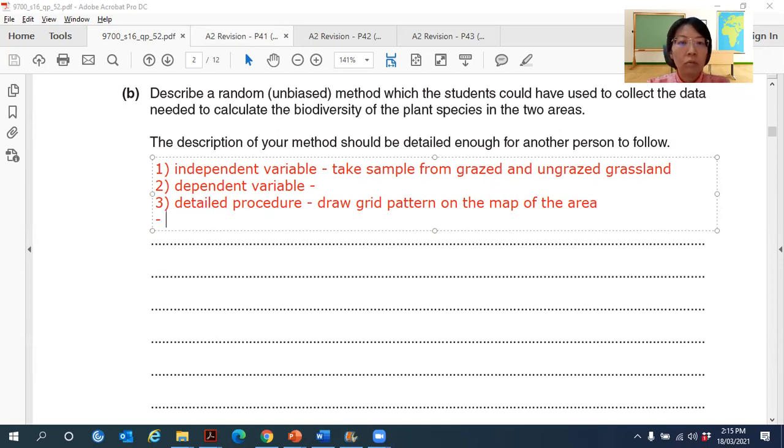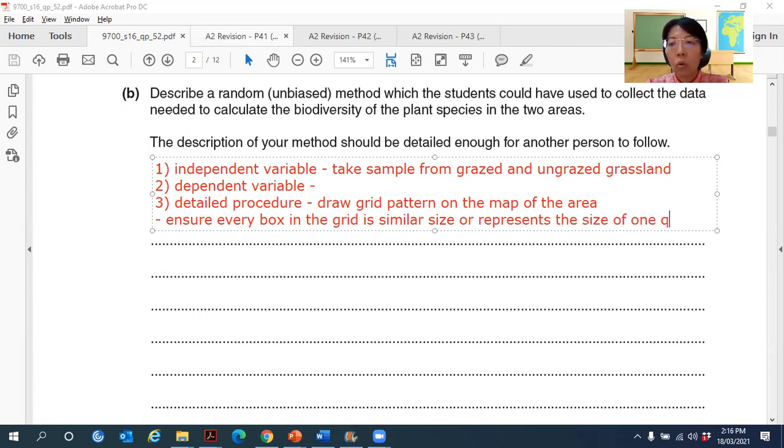After you draw the grid pattern, as you learned last time, make sure that every box in your grid pattern has a similar size to your quadrat. So ensure that every box in the grid is similar in size or represents the size of one quadrat.